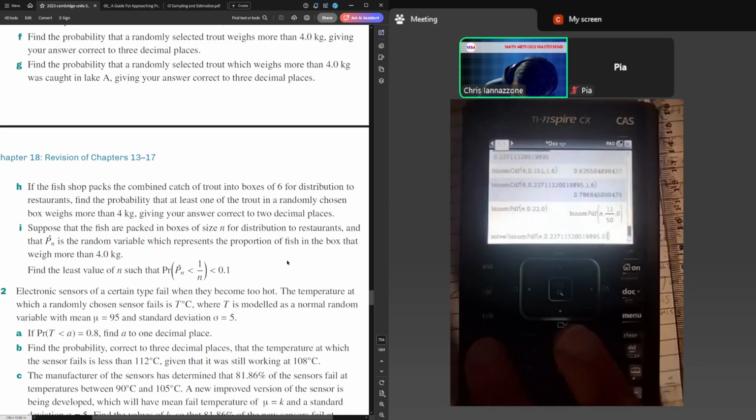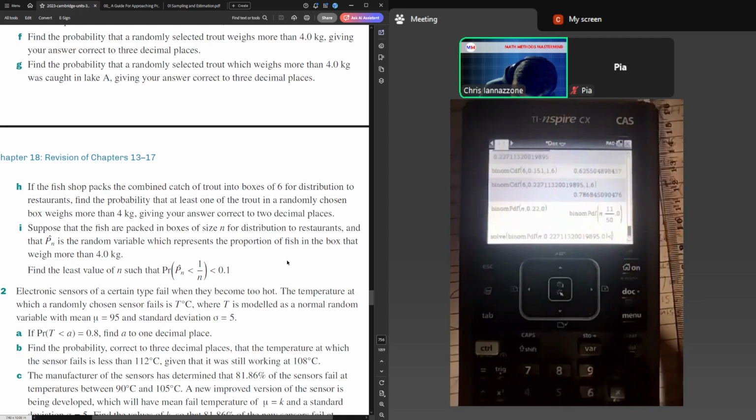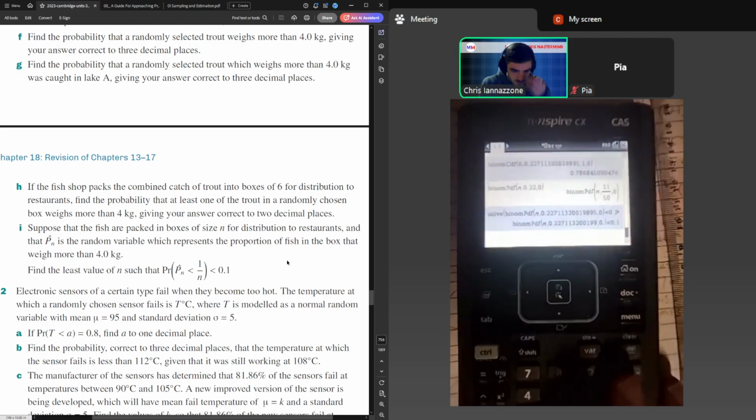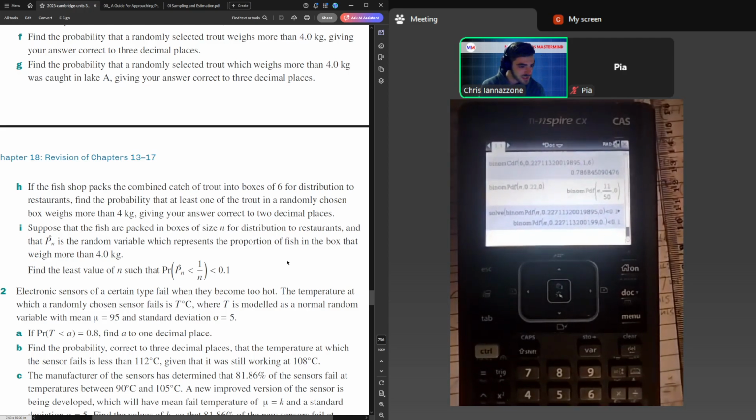And if you recall, we needed it to be less than 0.1, and we're solving for n. Might work, might not. Nah, it didn't do it. Okay, so we can't necessarily use the CAS function for that. How do we do x equals 0 by hand? How do we do that in binomial?